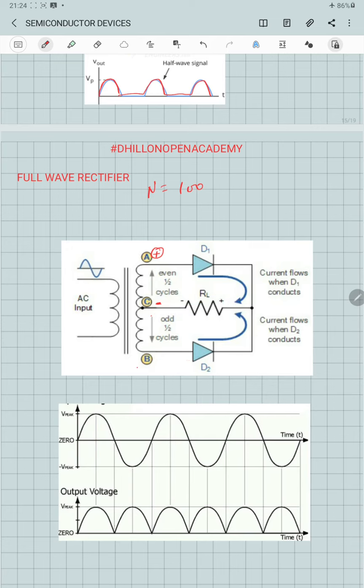So in this case, when the positive half cycle of the input AC appears, it makes diode D1 forward biased, while D2 gets reverse biased, due to which a forward current flows through only diode D1. This forward diode current flows in the clockwise direction.